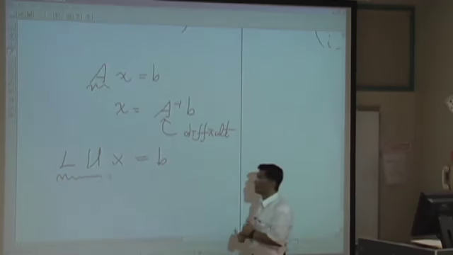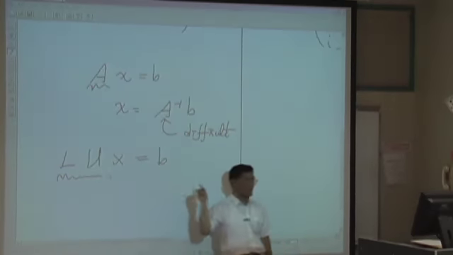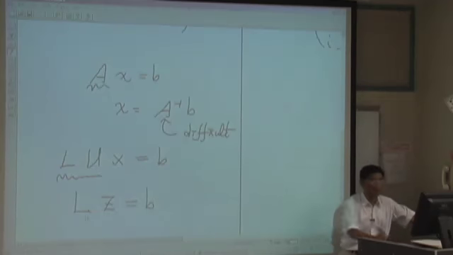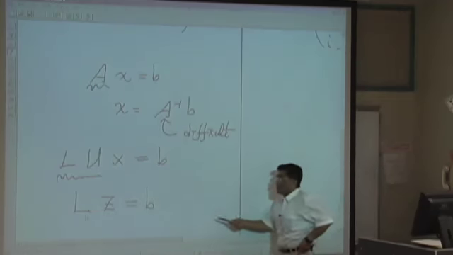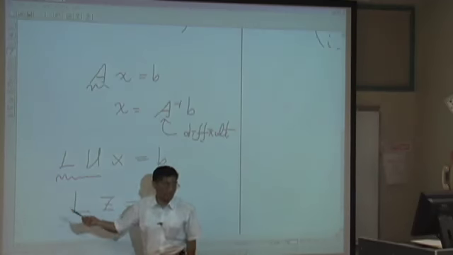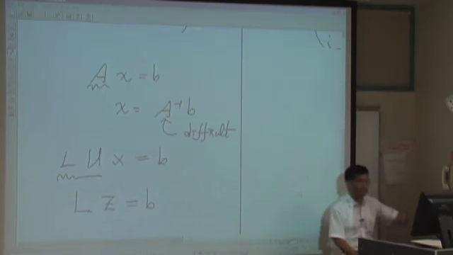Then what happens? First of all, we don't regard this as the given problem, but we regard this problem as A times something equals b with a special L. This problem is a special problem with L, not a general A. Then what is the pattern? This L looks like this.